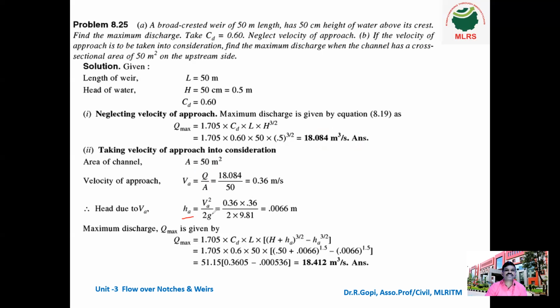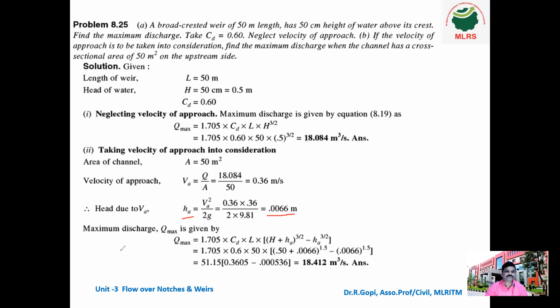Finally HA is equal to VA square by 2G, that is 0.36 square divided by 2 into 9.81, which is equal to 0.0066 meter. So this is HA, the additional head due to consideration of velocity of approach.